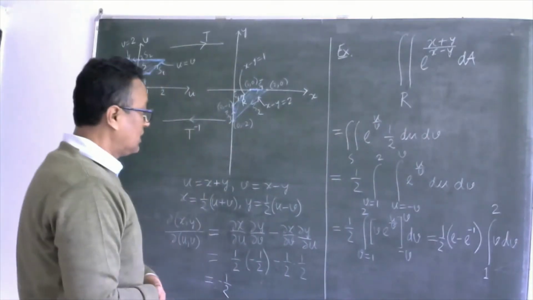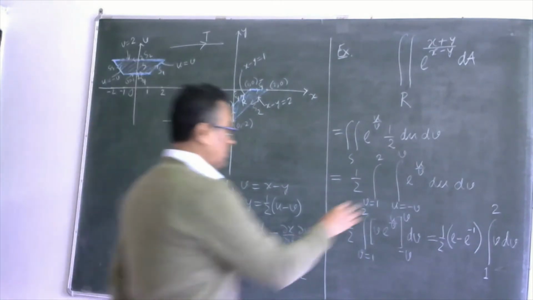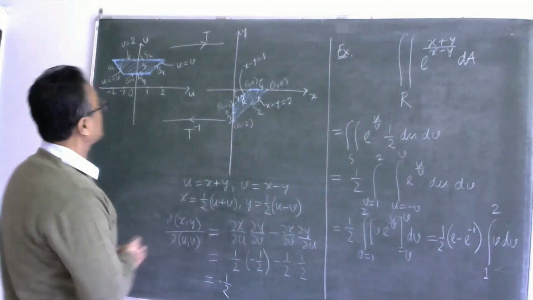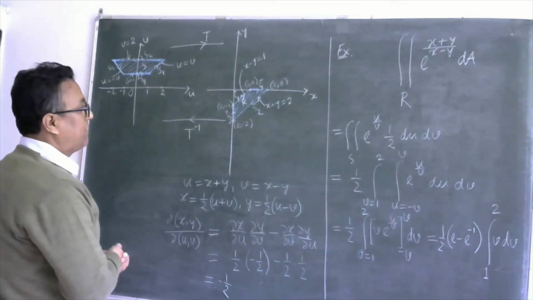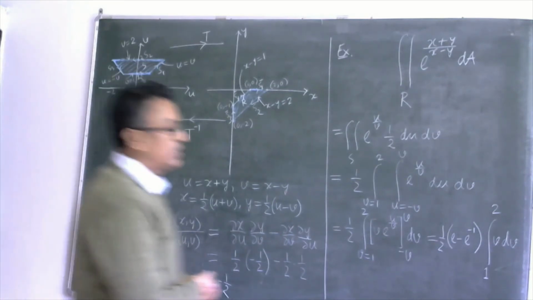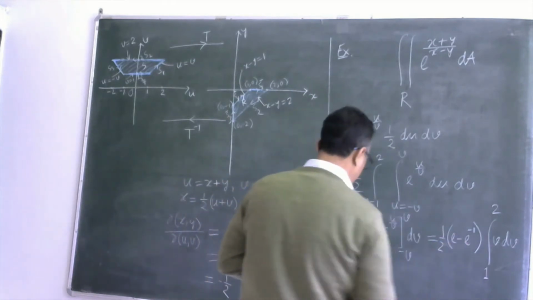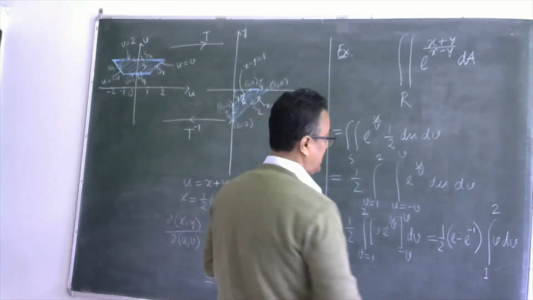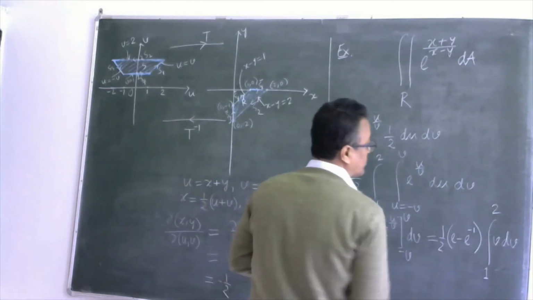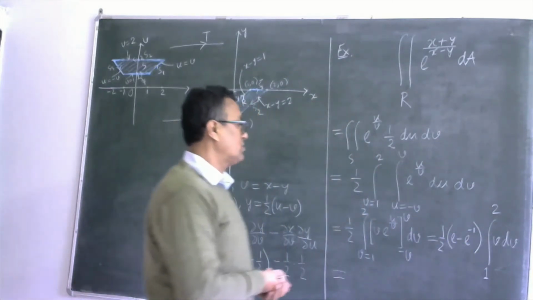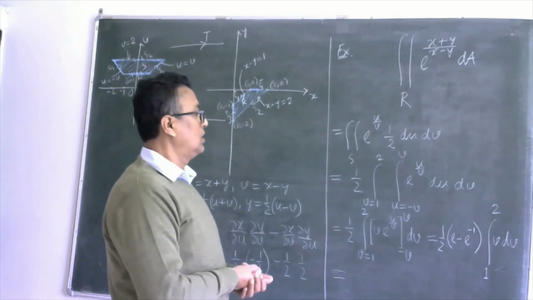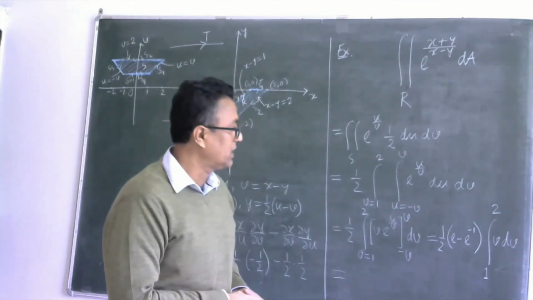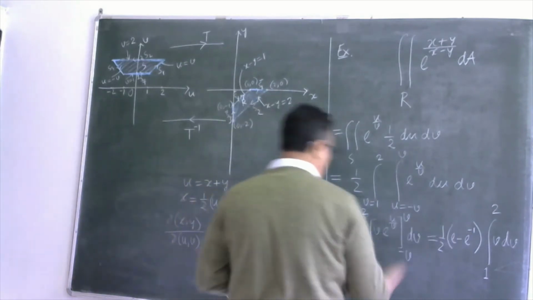So here, when we used the new set of variables, the double integral eventually becomes this. Once you work it out, after integration you get v squared by 2, so eventually 4 minus 1, that is 3 by 2, along with this half.